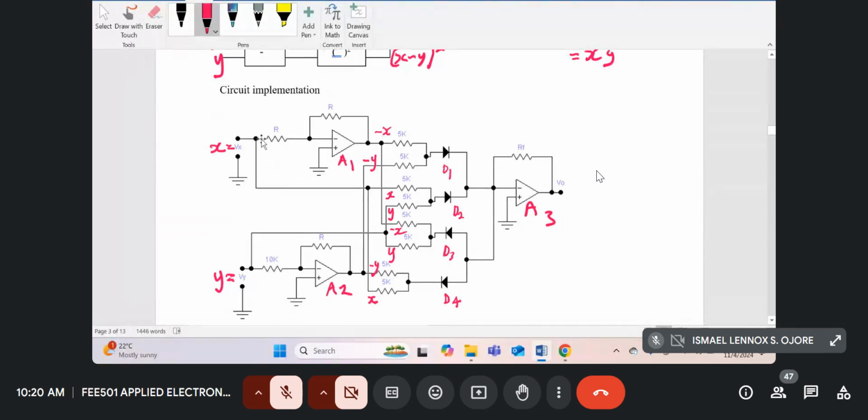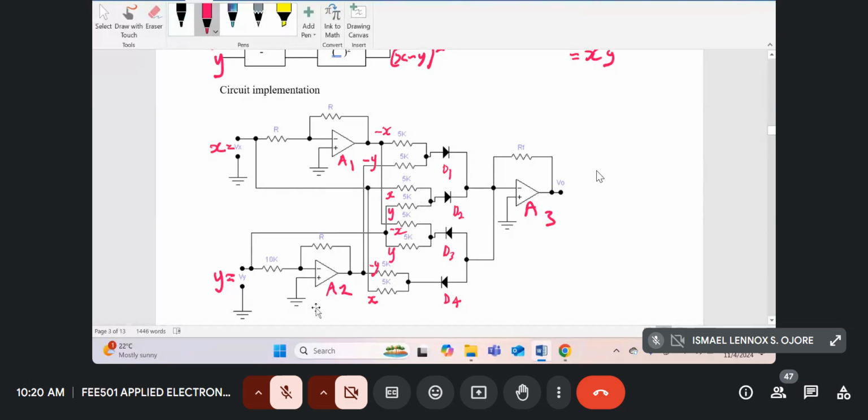And then also at the input of A1, if you follow this bottom path over here, you've got a signal x going through 5K to diode D2 over here.